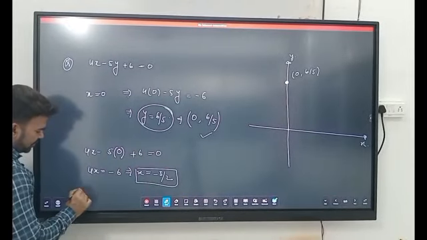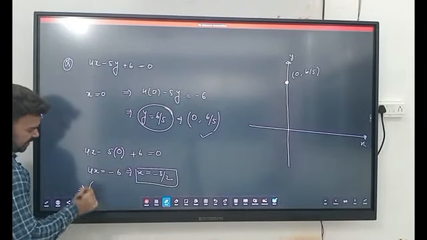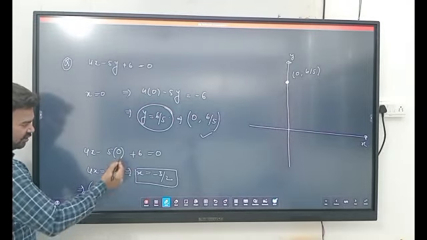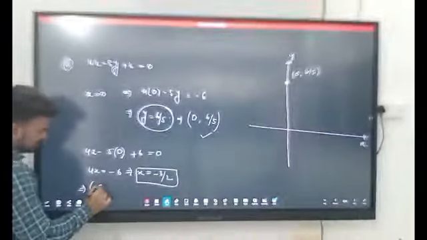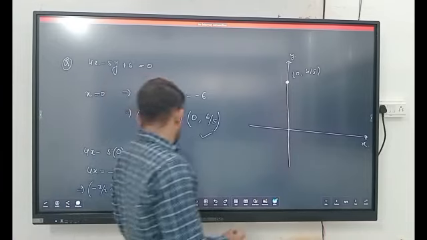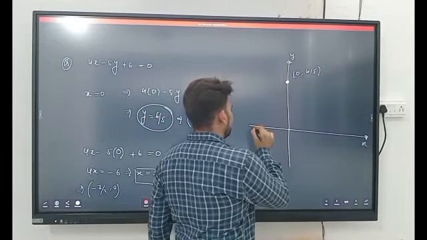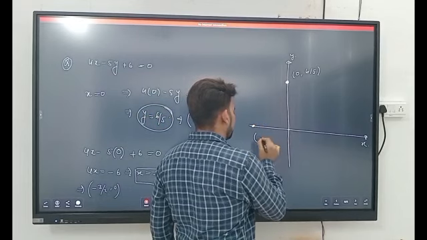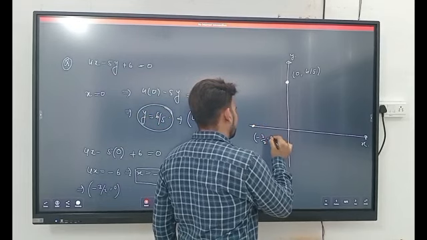Got that? In a similar manner, the position coordinate of the point is (-3/2, 0).